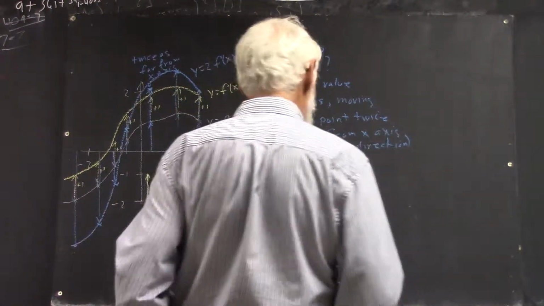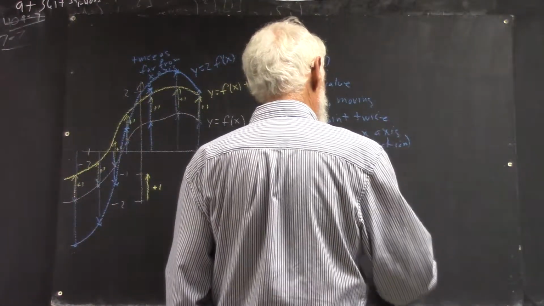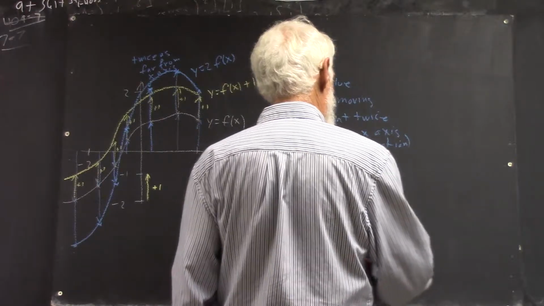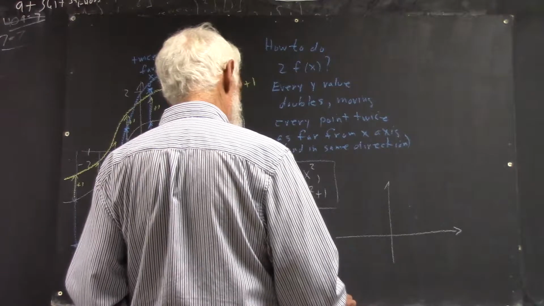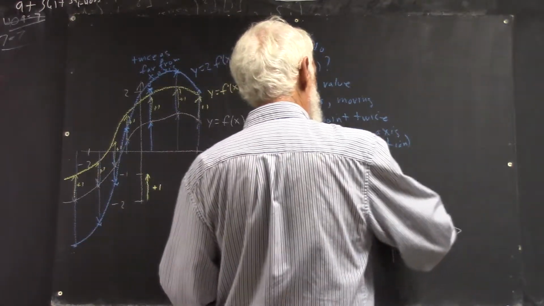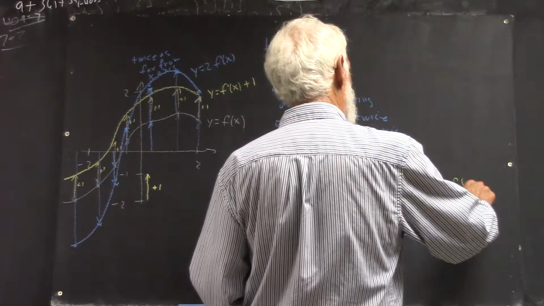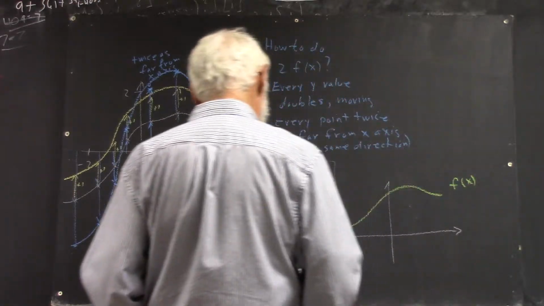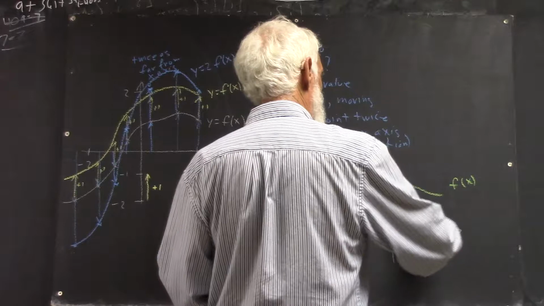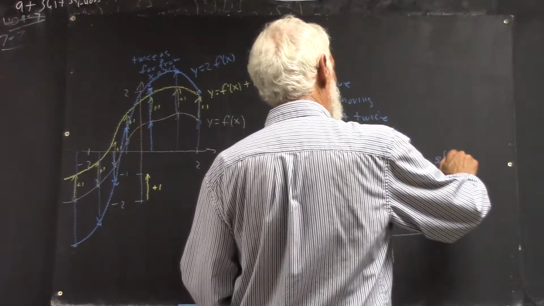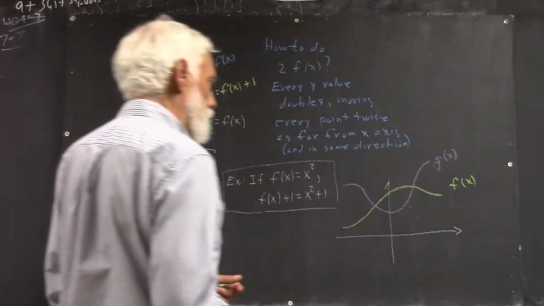Now, another thing real quick, because I want you to do this, is now we're going to have two functions. We're going to have a function f of x and a function g of x.